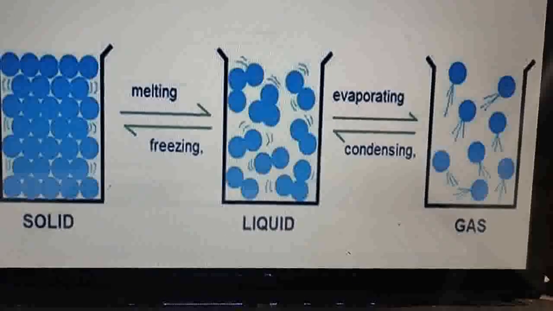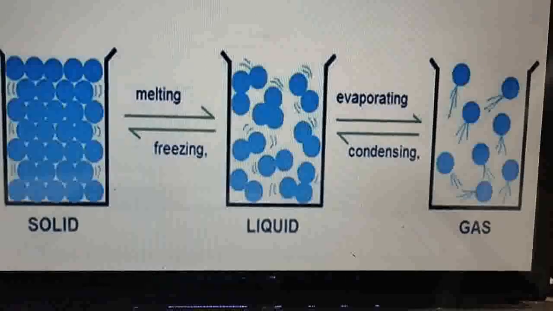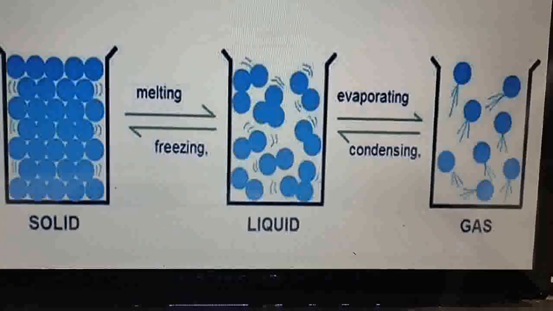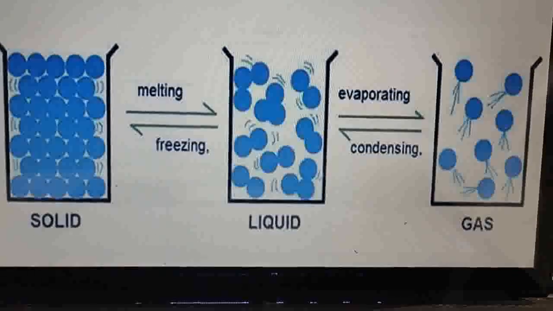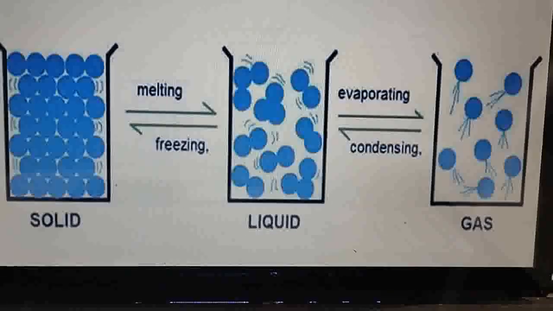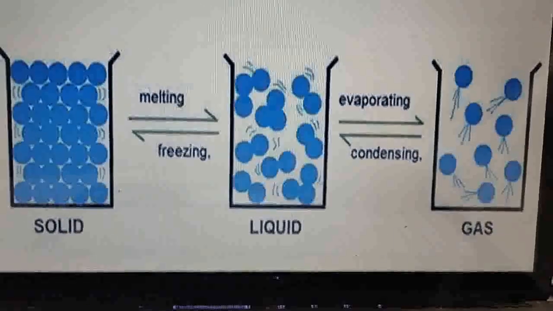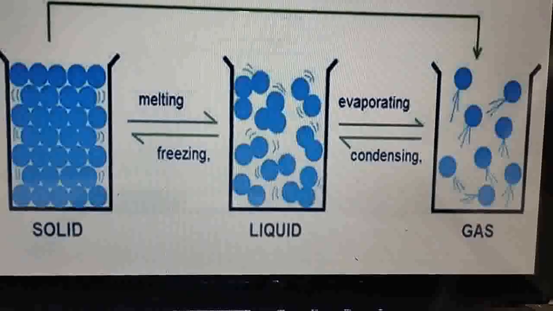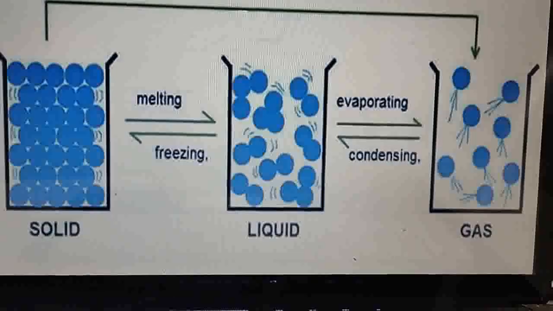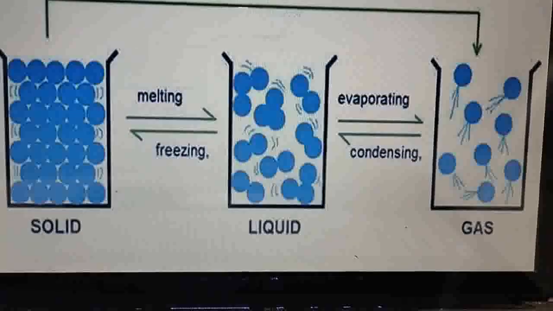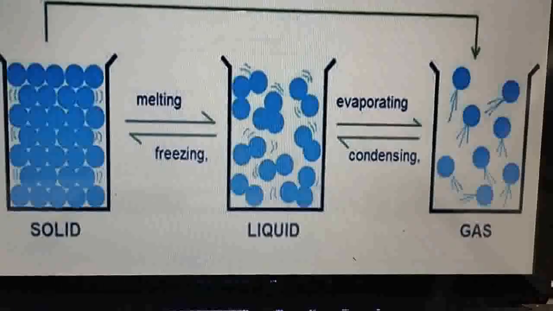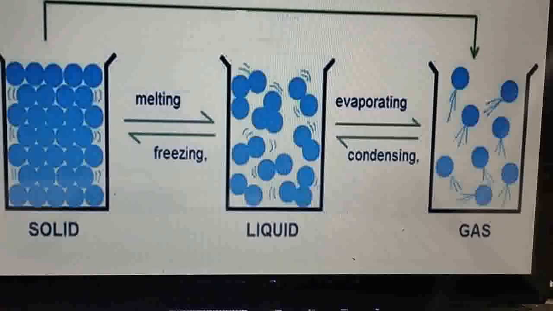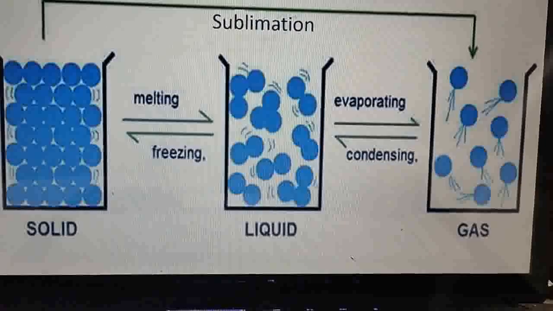Where do they go? Beta, they are directly converted to gas and diffuse in the air. It means there are substances that can be converted directly from solid to gaseous state. And this process we call sublimation.